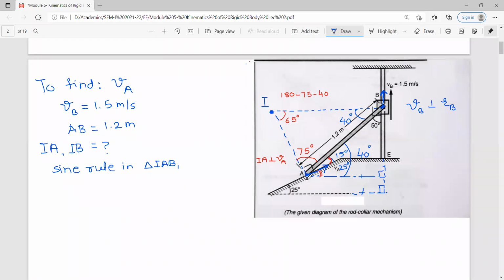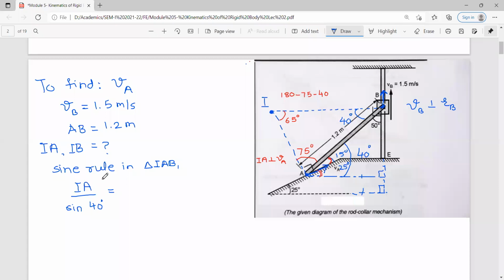As per the sine rule, we know that side IA upon the sine of the opposite angle, this ratio will be constant. What is the opposite angle of IA? 40 degrees. So IA upon sine of 40 degrees.